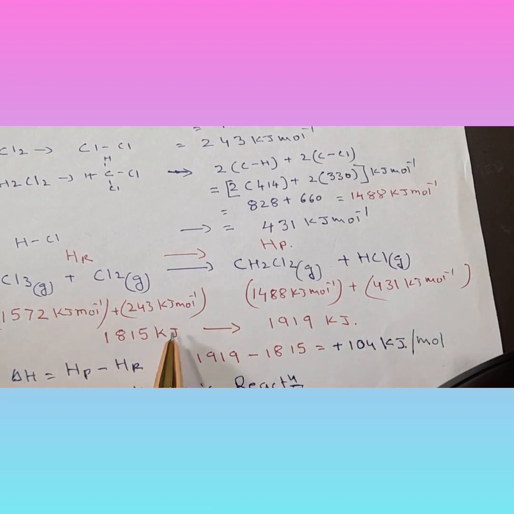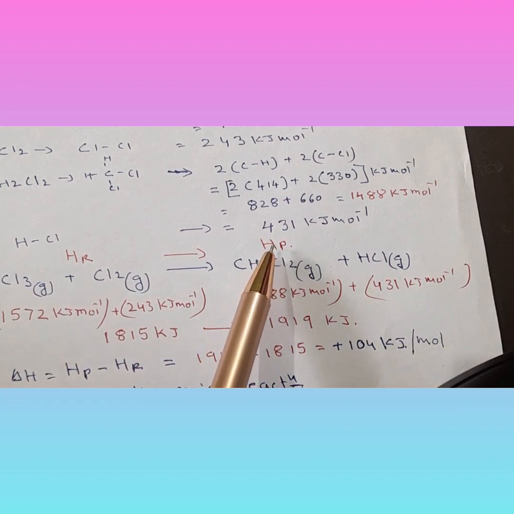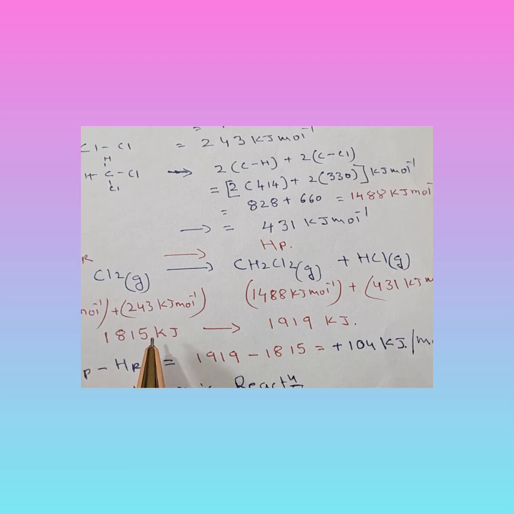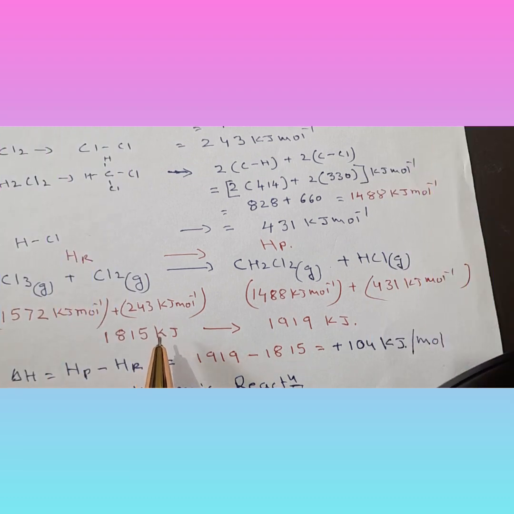On summing up, we find that the enthalpy of the reactants is 1815. Mind you, it is not formation enthalpy. Keep that in mind, because that is going to come into use later. And for the products it is this. I hope you get the idea about enthalpy, how it is calculated and how every molecule has its own enthalpy. So here the reactant side is this, and here the product side is this.